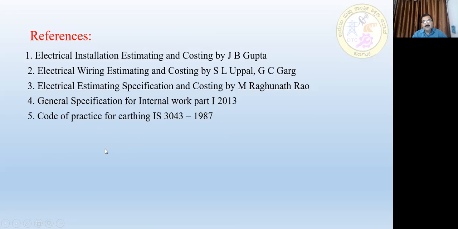And you can go through the simple books like Shivaga Naik and Talwar. You can refer that. And one more book is there, Gangadhar Rao.